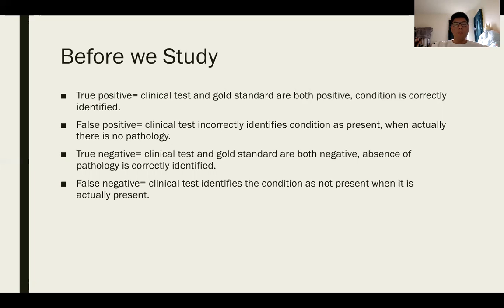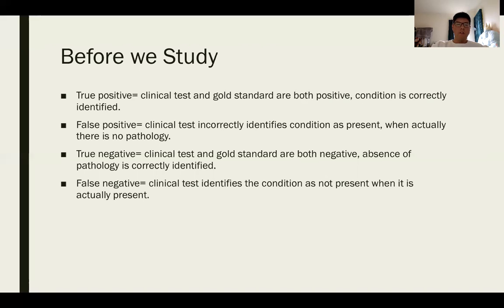If you do the anterior drawer test and you believe that this is positive, and then the patient has either an X-ray or an MRI that showed positive, they both are positive and the condition is correctly identified. For this circumstance, we see that's a true positive.